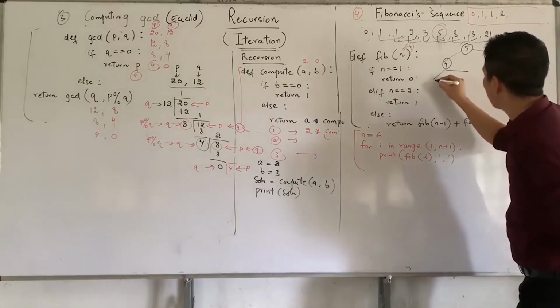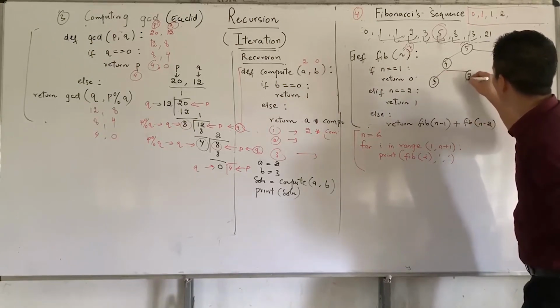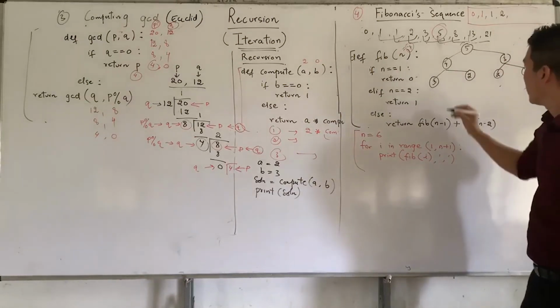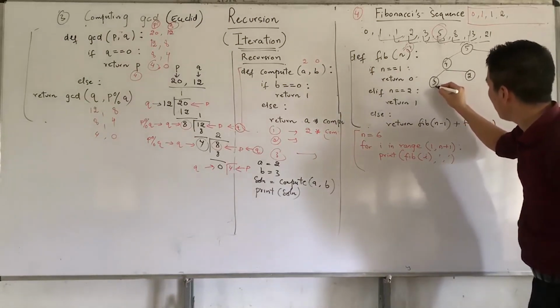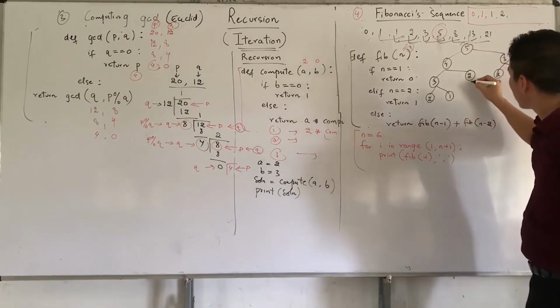This will again be broken into 3 and 2. This will be broken into 2 and 1. And then you have 3, which will again be broken into 2 and 1.